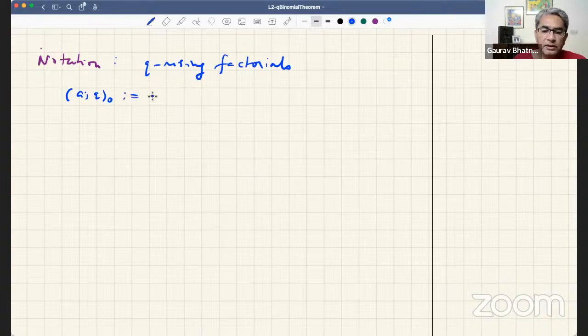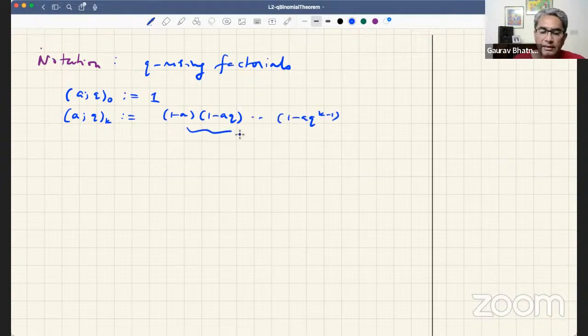This is what we defined q rising factorials as. For k bigger than 0, it was (1 minus a)(1 minus aq) and so on, till (1 minus aq to the k minus 1). And so there are k terms here.